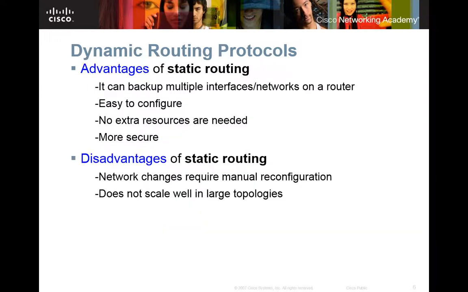What are the advantages of static routing? Don't read the board. Tell me, what do you think? Exactly. If the only way to get to Aaron is through Cole, I have to go to Cole to get to Aaron.